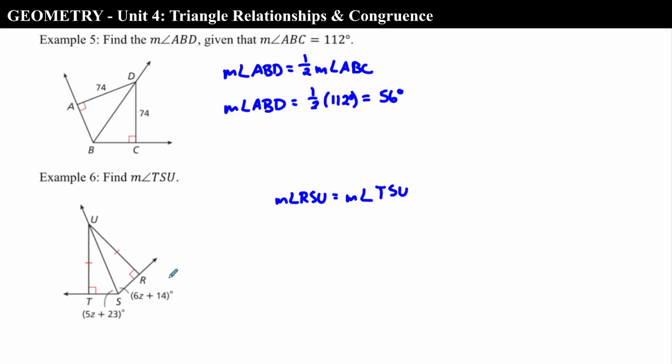Well, if that's the case, we just set what we're told each of these is equal to each other. So RSU is 6z plus 14, and we know that TSU is 5z plus 23.